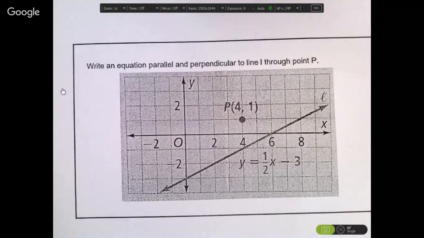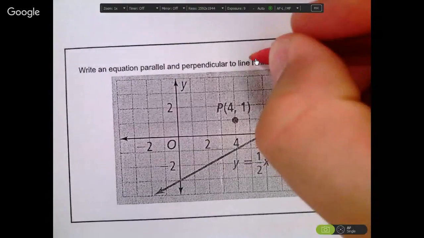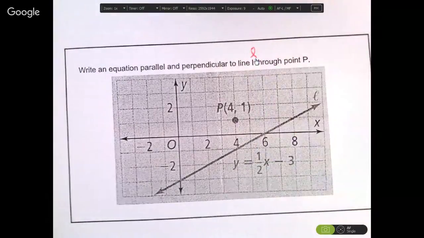Writing equations parallel and perpendicular to line L. I want to point something out to you guys: anytime they write lines, they use this certain font here, which I couldn't get. It bugged me that it looks like a 1, but it's line L. For lines, it's actually cursive.